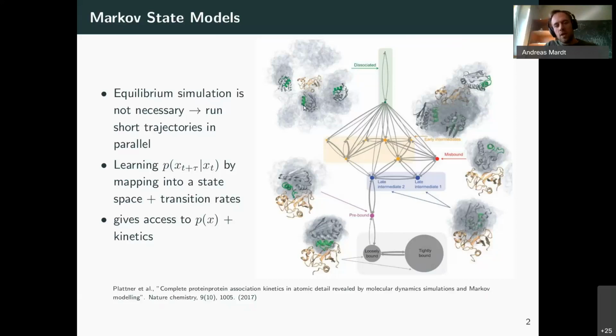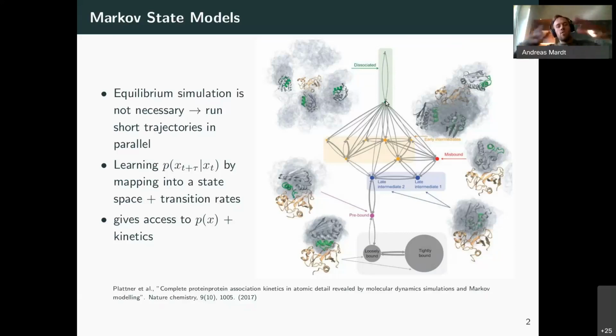So here on the right side, you can see work of a former colleague. Basically, in Markov state models we combine several configurations into one state, and then we learn this jumping by learning the transitions between these states. In this work, I started my simulation in one configuration, and then at some point I saw that the conformation changed, and then I spawn from this point again many trajectories.